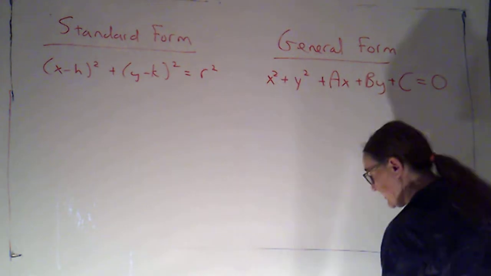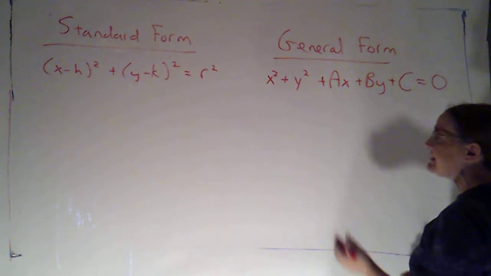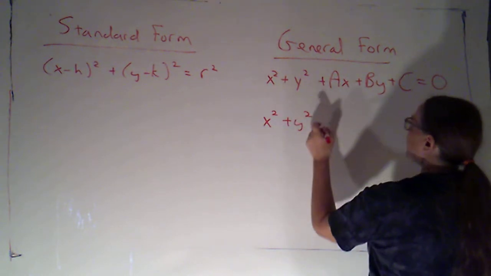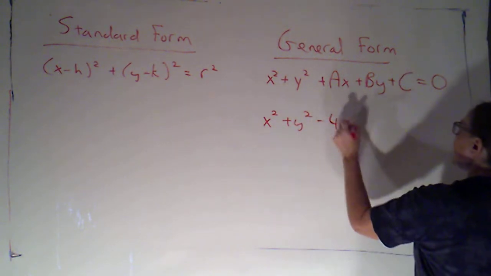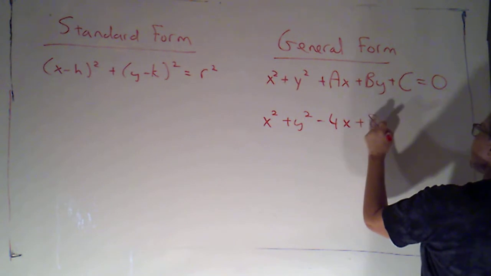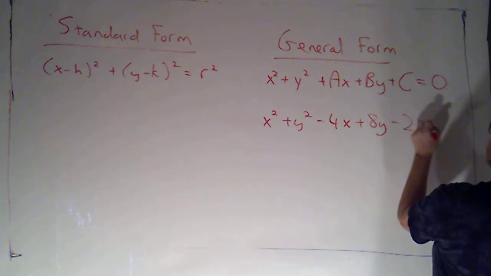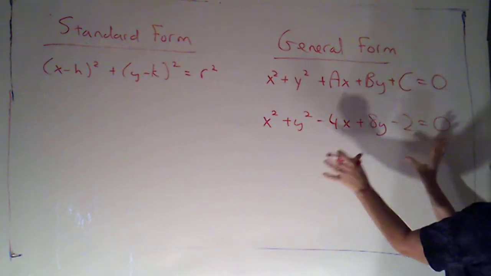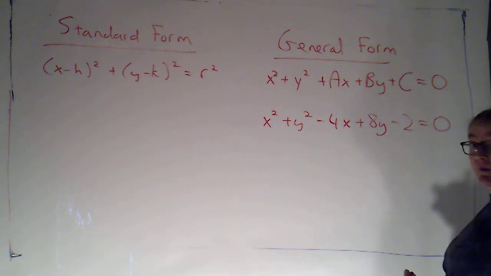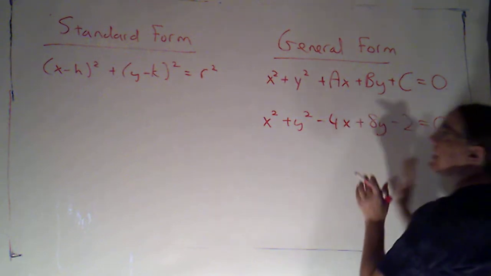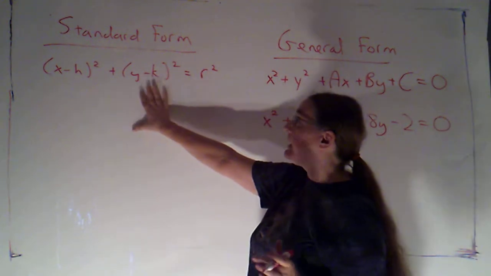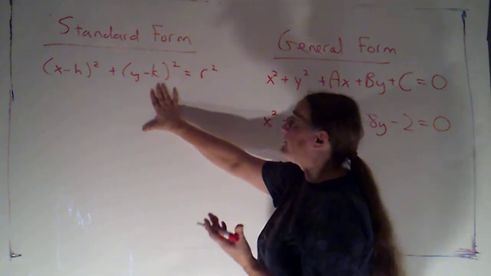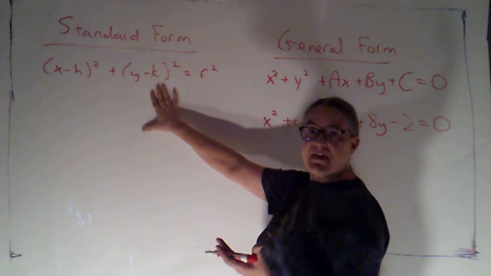So essentially, let's say I've got x² + y² − 4x + 8y − 2 = 0. That's in the general form for a circle. I'm going to try to complete the square and see if I can get it into standard form. And if I do, and I have a circle, I'm going to try to describe that circle.